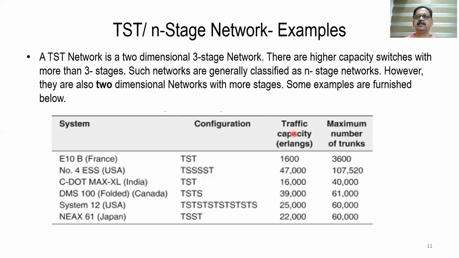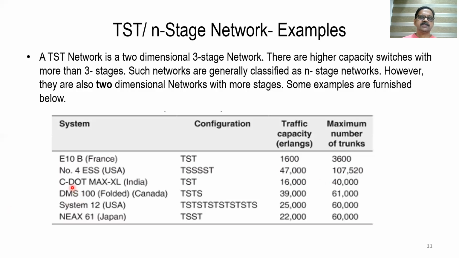It can handle a larger traffic capacity, that is 47,000 Erlangs, and trunks it can handle are 107,520.